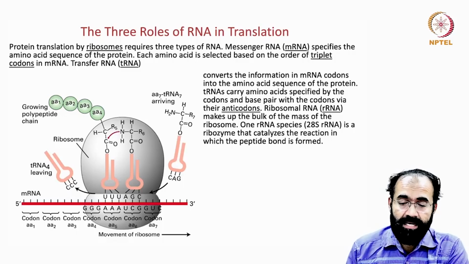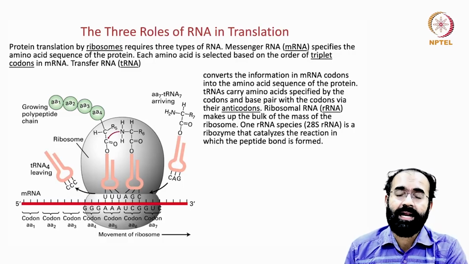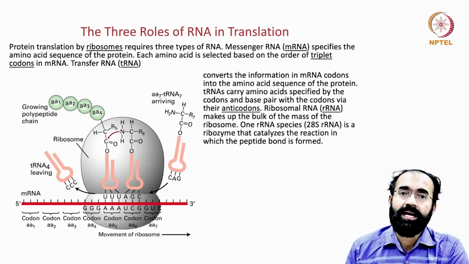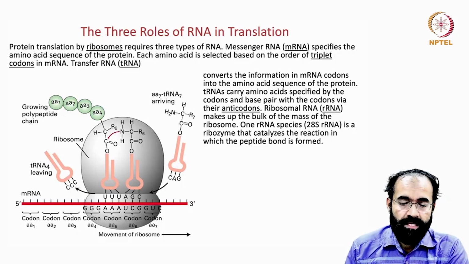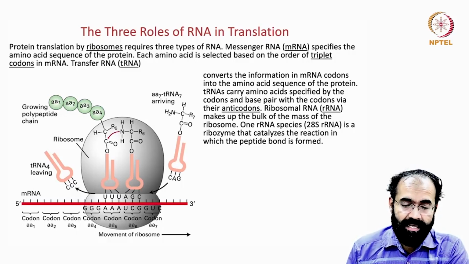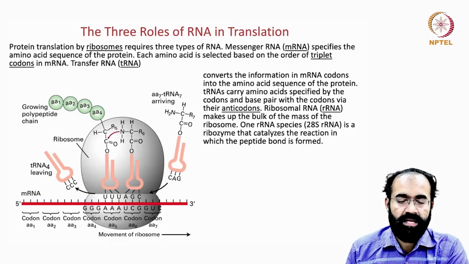Then the ribosomal RNA, that is rRNA, will constitute the bulk of the ribosome. Although the ribosome is an RNA plus protein complex, the ribosomal RNA does a lot of the catalytic role. One RNA species, the 28S ribosomal RNA, is a ribozyme. We have learned a lot about that.